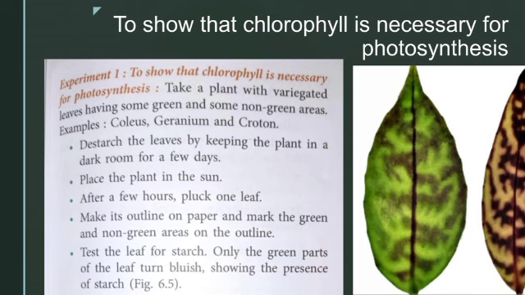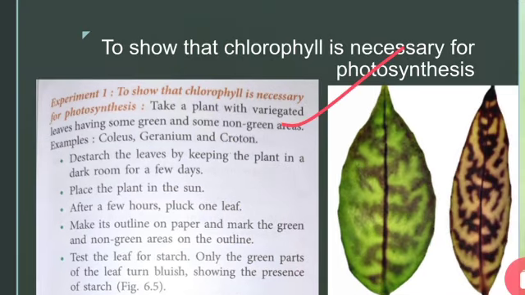In this, the result we got was that the leaf where the greenish parts were present turned blue black in color when tested for starch.